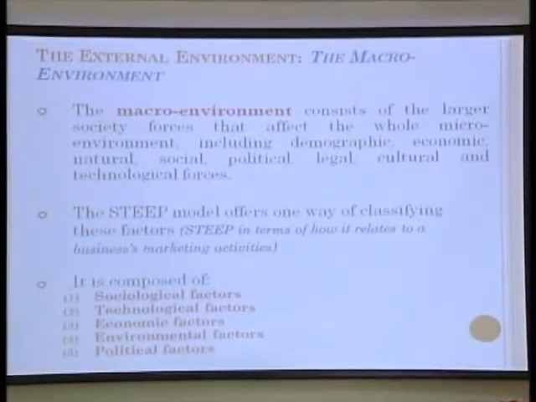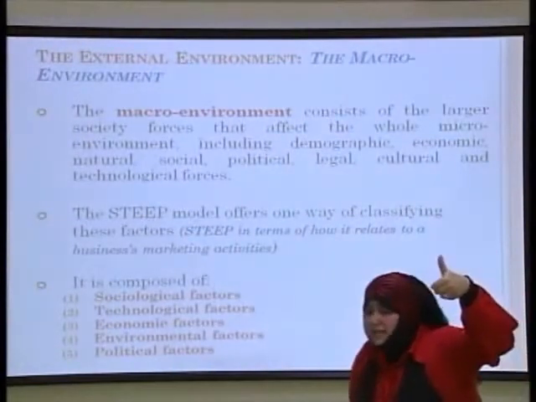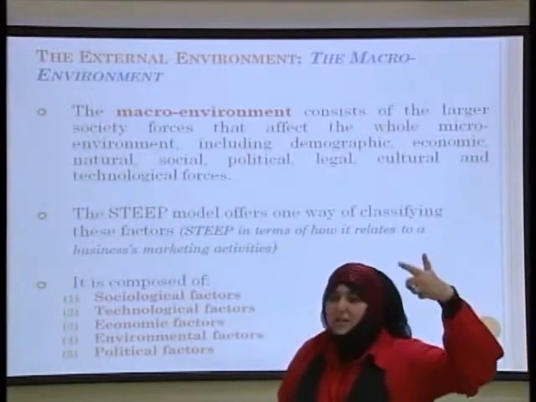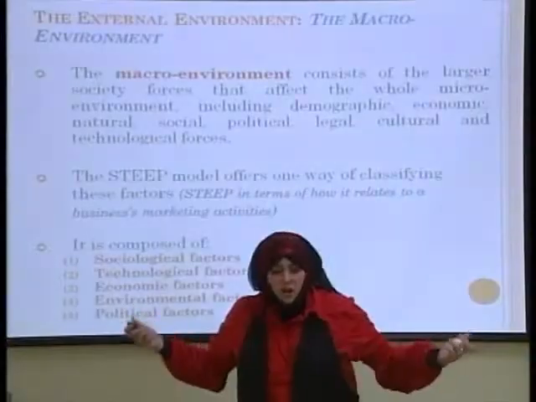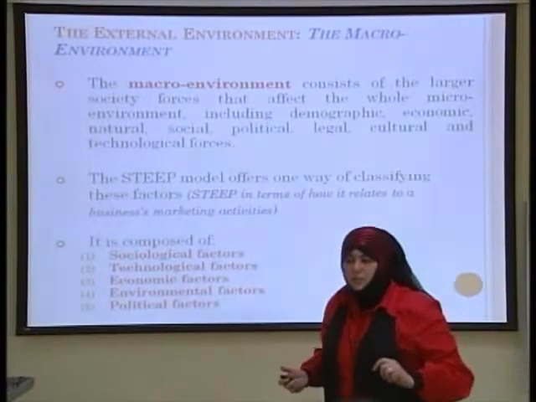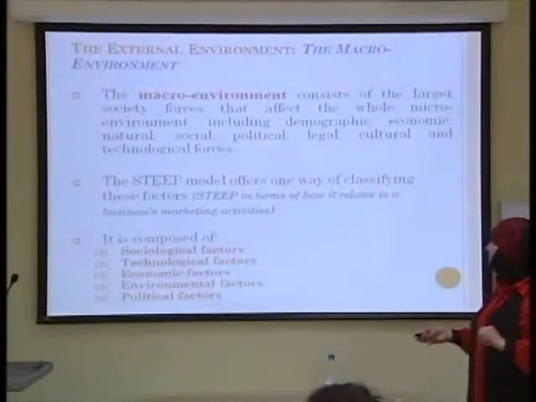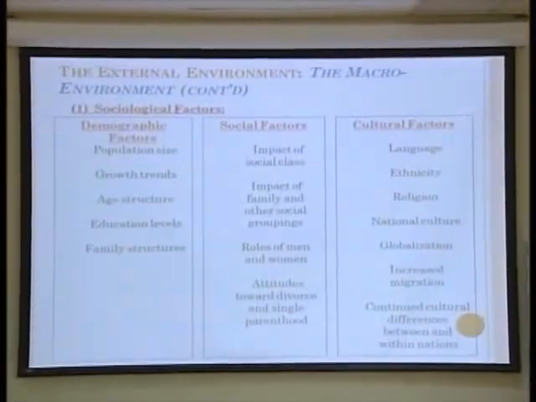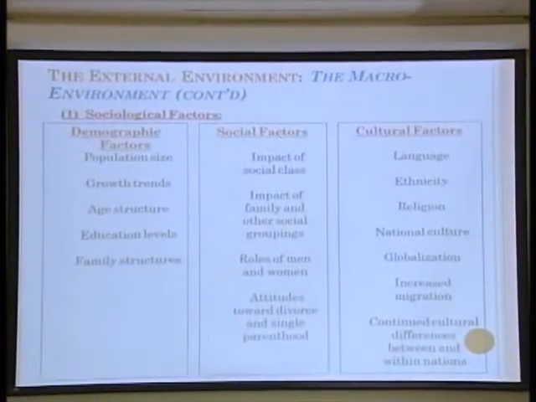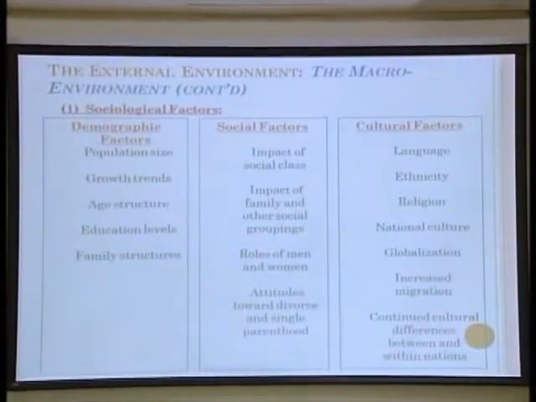It is composed of, you remember, STEEP stands for sociological, T for technological, E economic, the other E environmental factors, and finally P for political factors. When we talk about the sociological factor, we talk about demographic, social, and cultural factors.